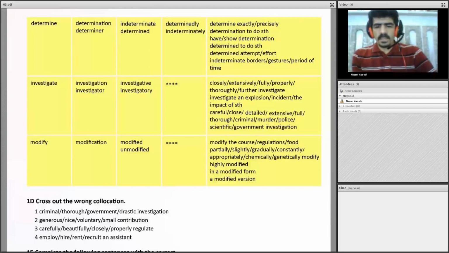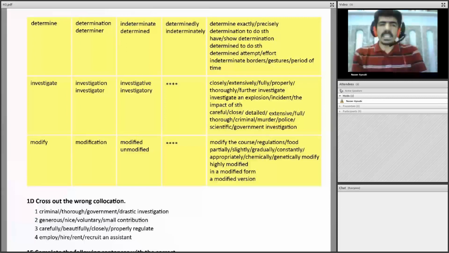How about examples? For example, extensively investigate the impact of something. A committee will extensively investigate the impact of racial discrimination.